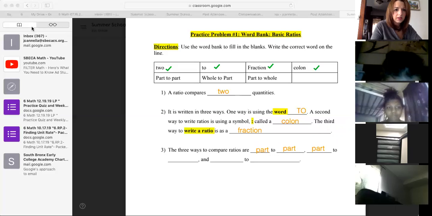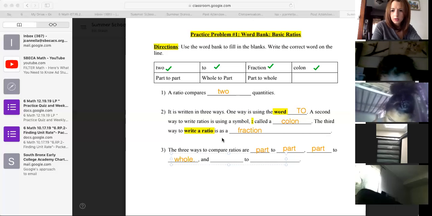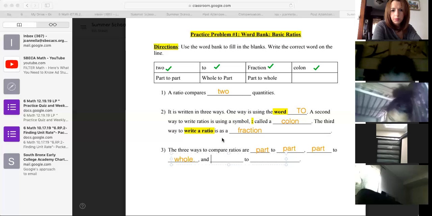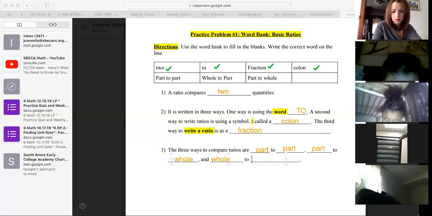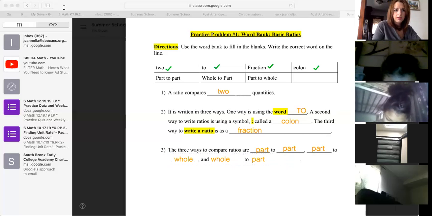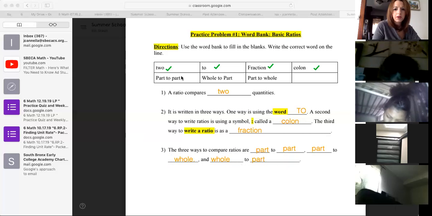That's very simple, very straightforward. So we did part to part, we did part to whole, and then we have whole to part. There you have it, folks. There's the first page. Pretty straightforward.